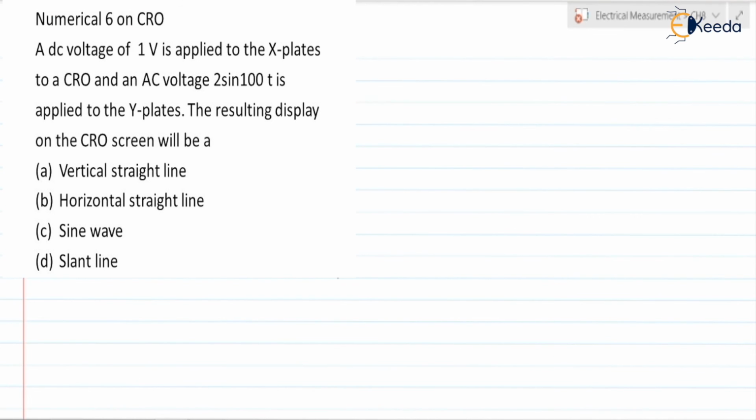A DC voltage of 1 volt is applied to the X plates of a CRO, and an AC voltage of 2 sin 100t is applied on the Y plates. The resulting display on the CRO screen will be, and they have given 4 options. So be careful. Here on the X plate we are having a constant voltage, that is a 1 volt DC voltage, and to the Y we are having the sinusoidal.